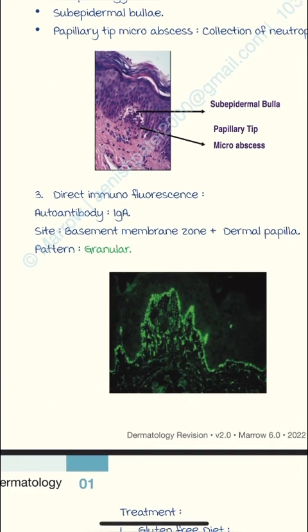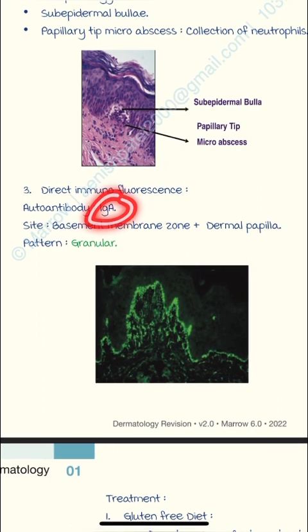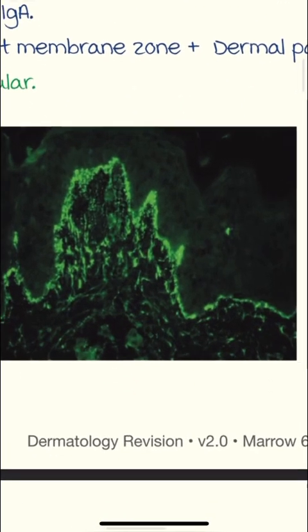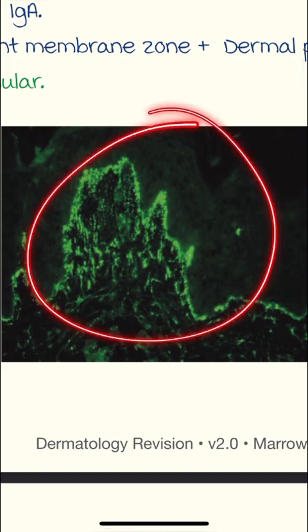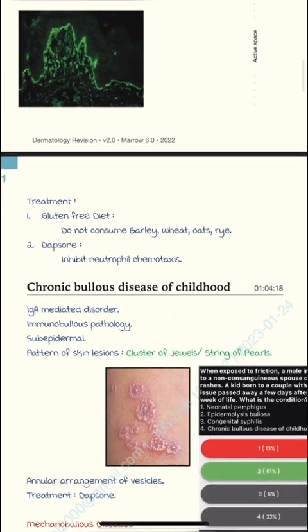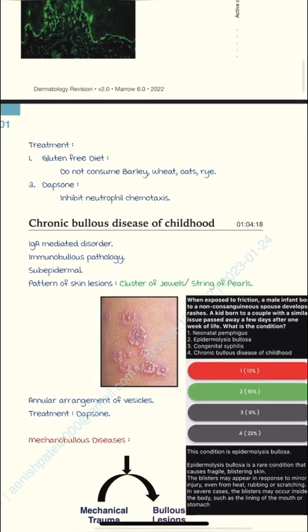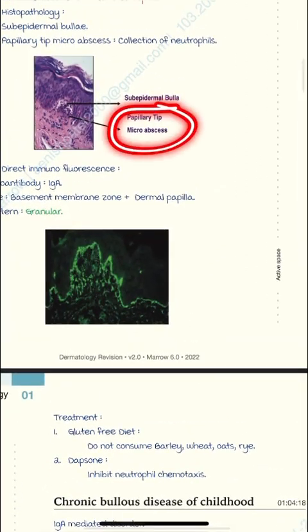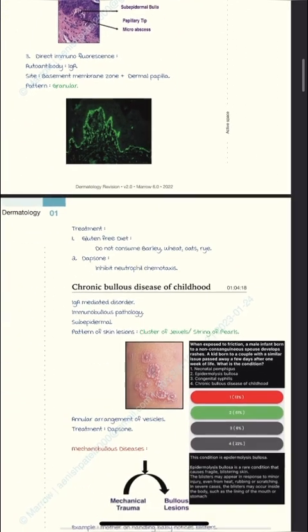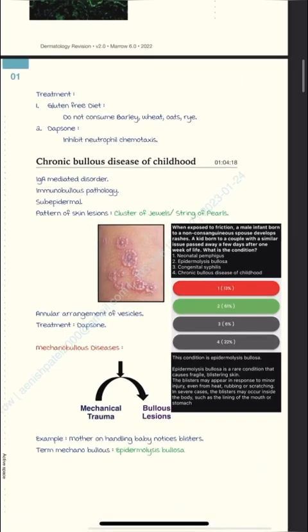On direct immunofluorescence, IgA is seen at the basement membrane zone plus dermal papilla, and the pattern is granular. Treatment is a gluten-free diet, that is, do not consume barley, wheat, oats or rye, and dapsone to inhibit neutrophil chemotaxis. As papillary tip microabscess, a collection of neutrophils, is present, dapsone can inhibit that.